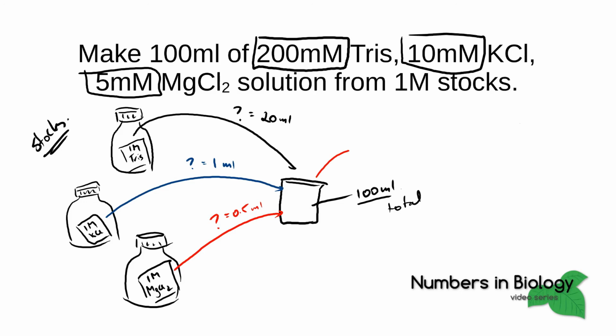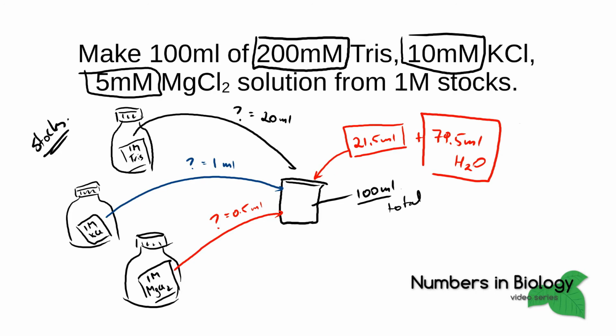So that means that in total you will be adding 21.5 milliliters of stock solutions into this beaker, which means that you will be adding 79.5 milliliters of water. Okay, that will be the rest. So that's the thing that a lot of students will also forget, is that when you calculate how much of the stock solutions you need to add, the remainder is going to be, in most cases, water.